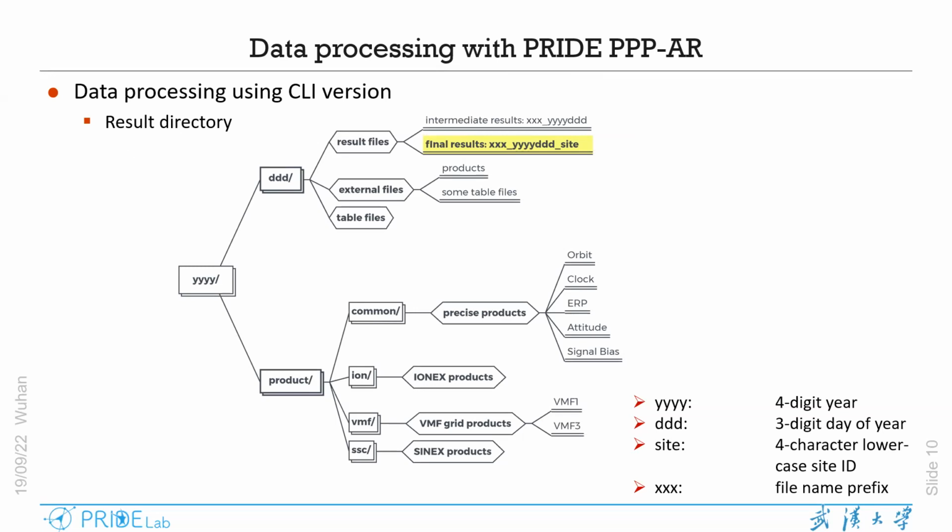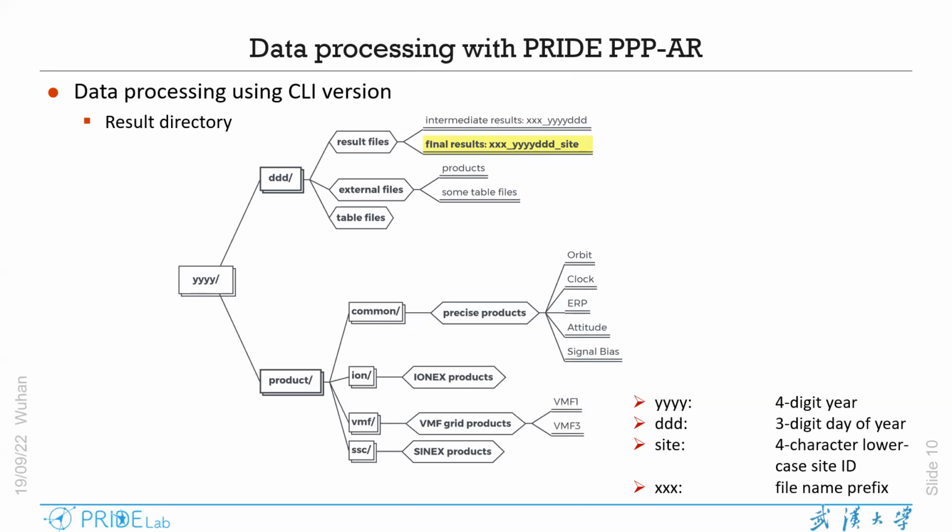The product directory is divided into 4 subdirectories. The common directory stores the process products, including satellite orbit, satellite clock, Earth rotation parameter, satellite attitude, and signal bias products. The ION directory stores the GIM products required for high order ionospheric corrections.